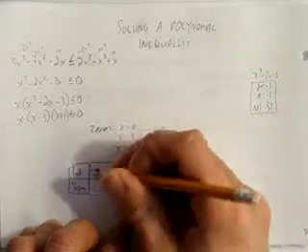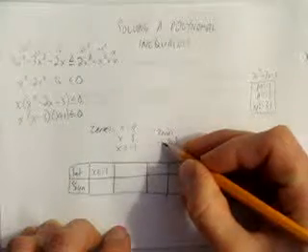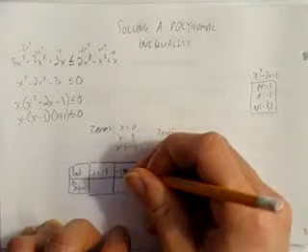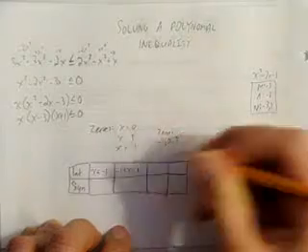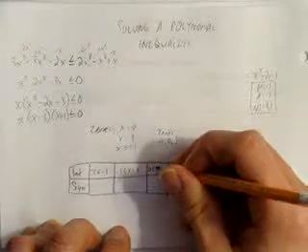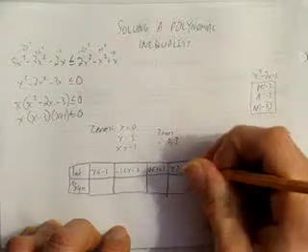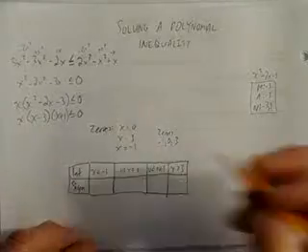So what I want to do is look at the function when you're before the first 0, negative 1, and when you're between the first 0 and the second 0, and when you're between the second 0 and the third 0, and for x greater than 3 after the last 0.